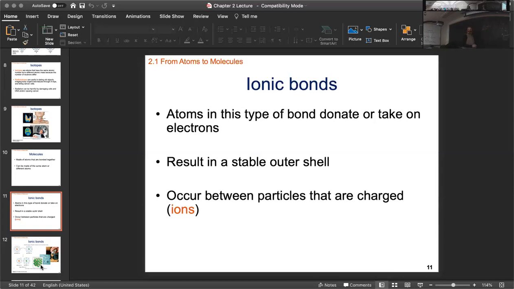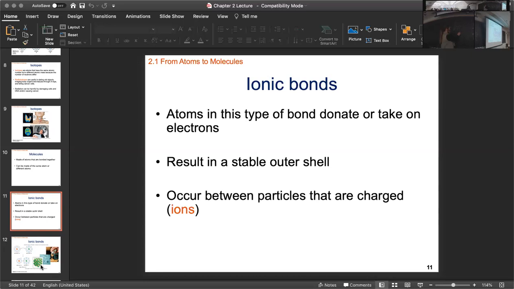Sodium is positively charged and chloride is negatively charged. All right? And if we go all the way back to the periodic table, we can find that chloride, and we're going to jump a little bit further in understanding here. 1, 2, 3, 4, 5, 6, 7. So chloride has 7 outer electrons. I figured that out because of the column number. That's how many outer electrons it has. All right. You don't have to memorize that, so don't worry.